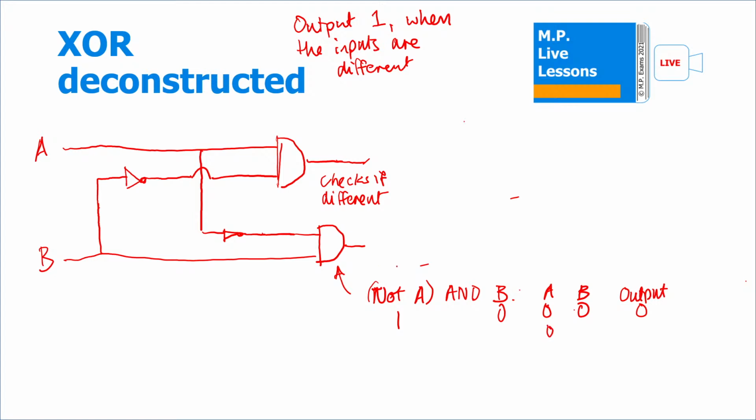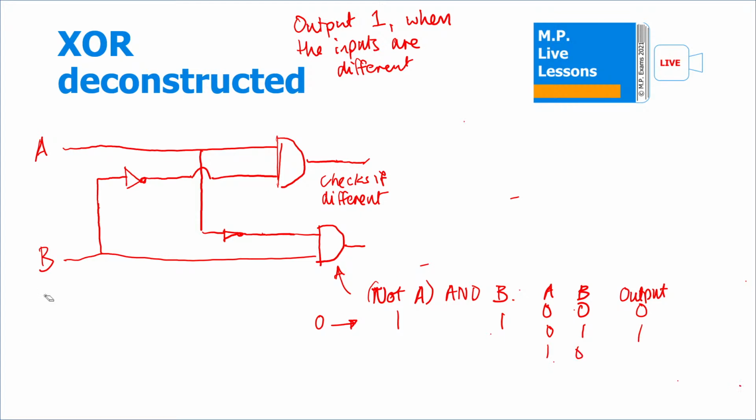If we try, let's say 0, 1, B is 1, and we flip A, so we flip a 0 into a 1, so that becomes an output of 1.